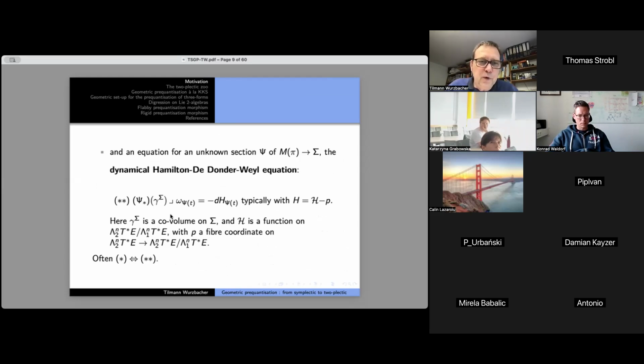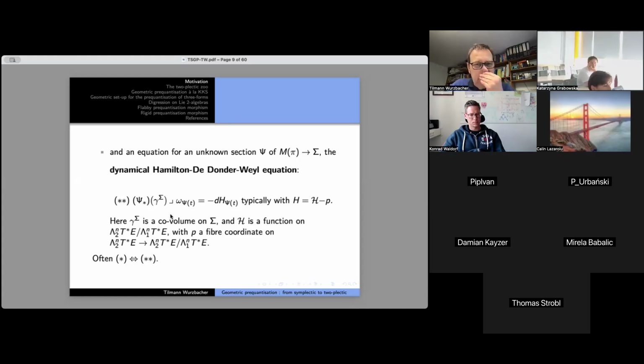Then I have also a co-volume, which is just dual to the volume form. And so one can push forward the co-volume. So point by point, this is an n form, n vector field. I contract it in omega, and this should give minus dh or dh. So this is like the Hamilton equation.